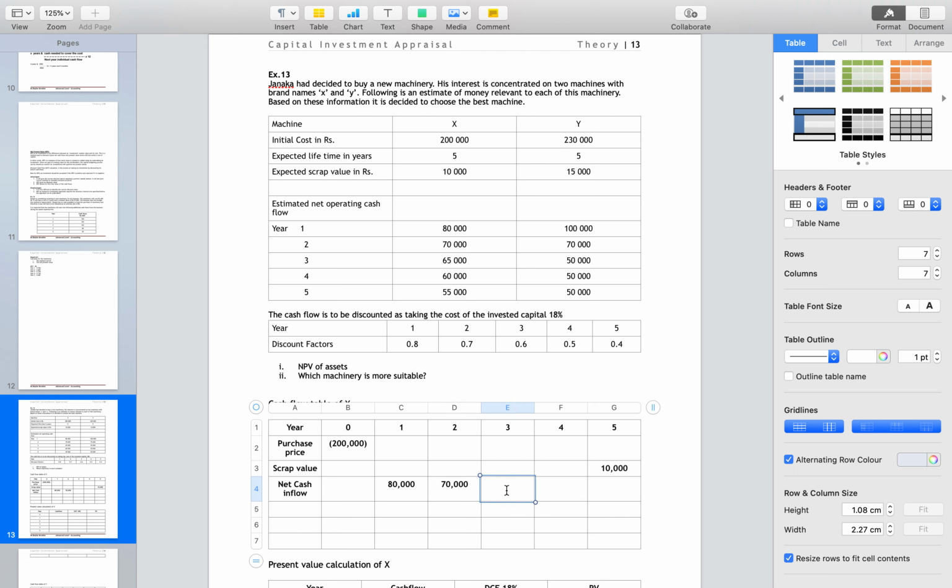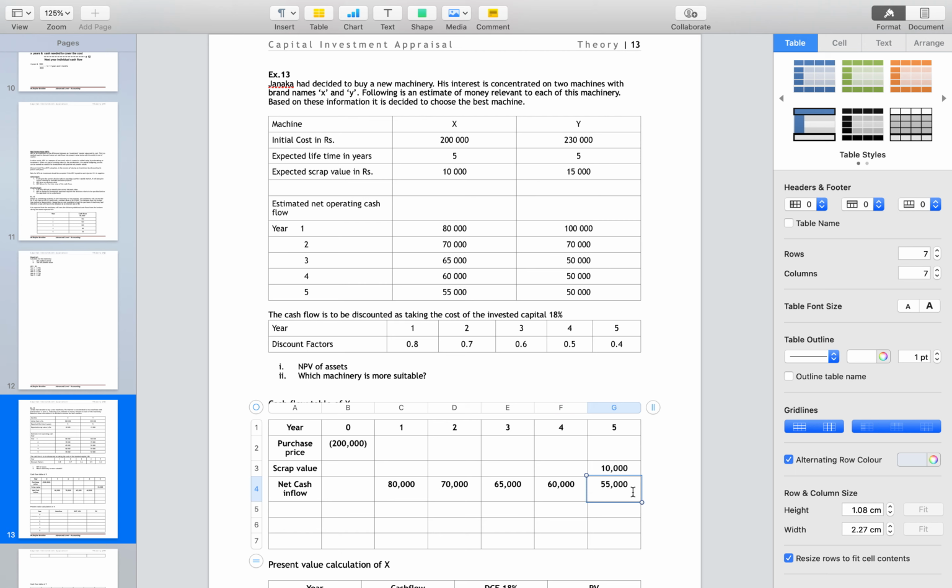Now guys, remember, what I have picked now over here is a very basic question. In your advanced level exams also, you will have to prepare a similar table this way, but you will have more adjustments. In your paper they won't directly give net cash flow. There might be things like sales, purchases, expenses, and things like that. Then 60,000, and finally we are going to get 55,000.